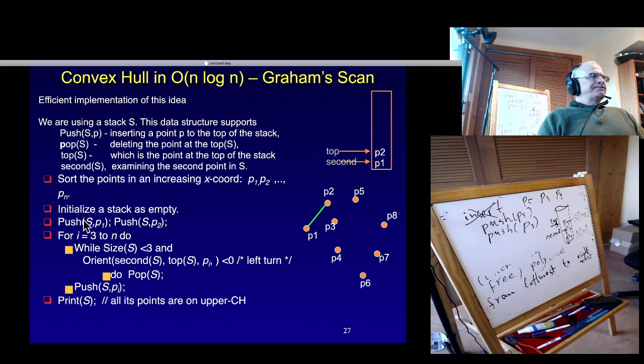Let's see how it works. So I inserted P1 and P2 into the stack, and now for i goes from 3 till n.